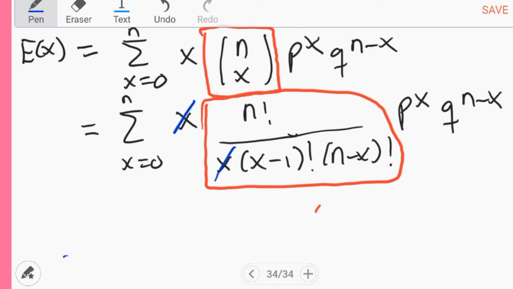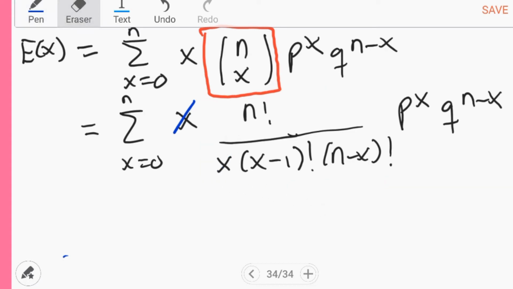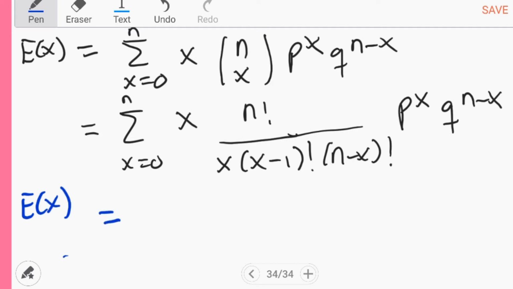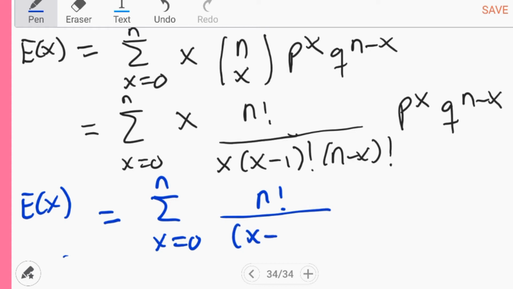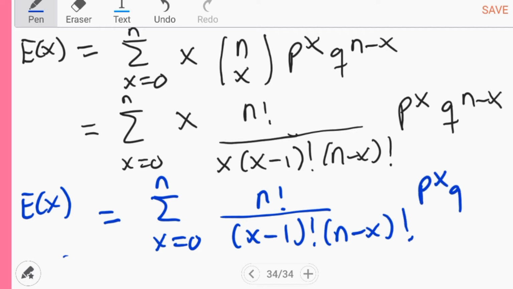Then we end up getting the expected value of X to be equal to the sum over x from 0 to n of n factorial over (x minus 1) factorial (n minus x) factorial, p to the power x, q to the power n minus x.